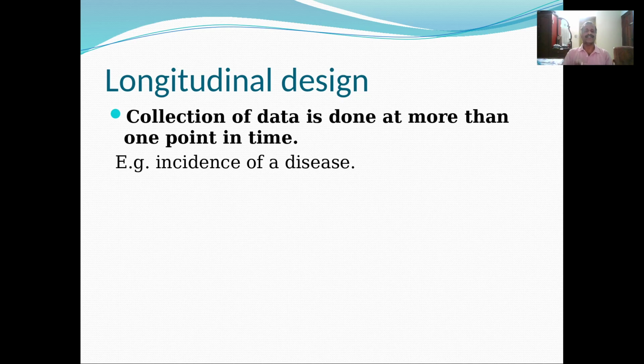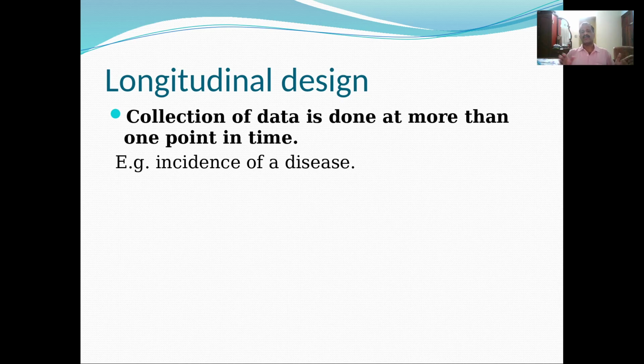That is an incidence. For example, we are doing a scabies study in a classroom. For example, in third year BSc nursing students, we are saying that in 2019 January, there are 20 cases. And in 2020 January, again we estimated there are 30 cases. That is a prevalence, 30 cases.